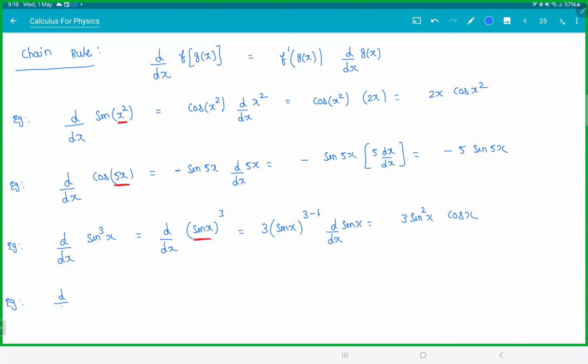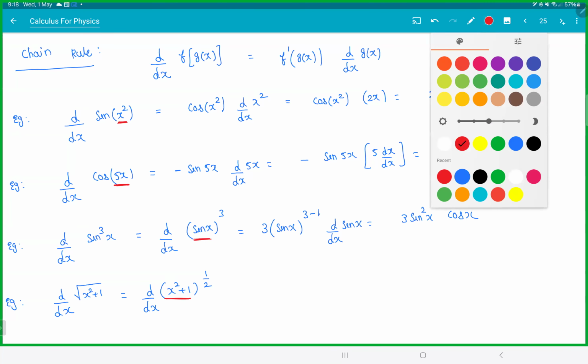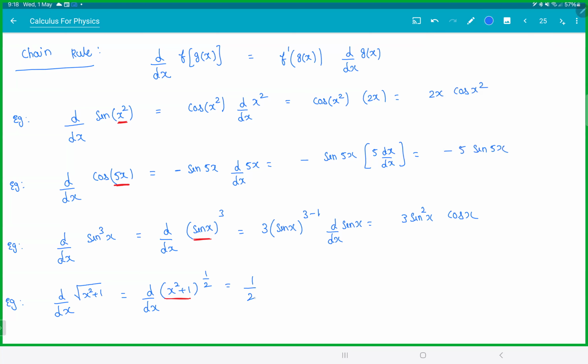Let me take one more example. Let's say dy/dx of root over x square plus 1. This is looking like dy/dx of (x square plus 1) to the power of half. Your first thing is forget about what it is. How does this look? This is looking like some function to the power of half, which means it is looking like x power n. So the formula for x power n gives half into that some function to the power n minus 1, and then whatever is inside that function, differentiate it.